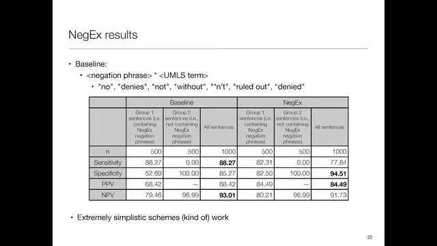And if you use NegEx, what you find is that you can significantly improve the specificity over the baseline, all right? And you wind up with a better result, although not in all schemes. So what this means is that very simplistic techniques can actually work reasonably well at times.